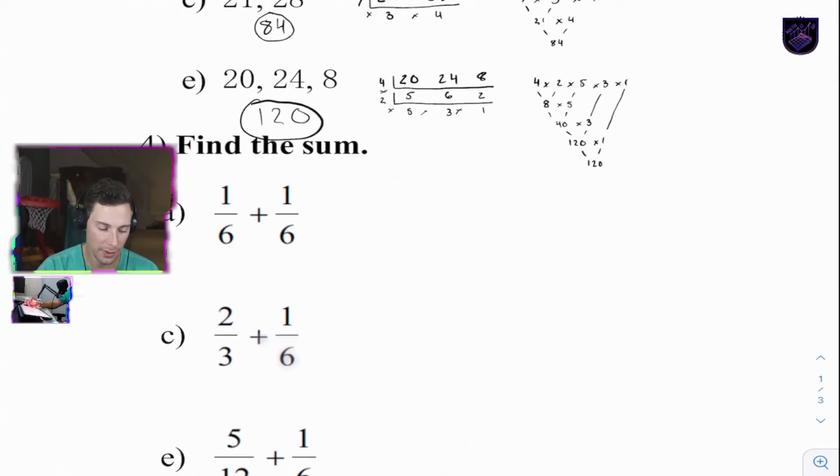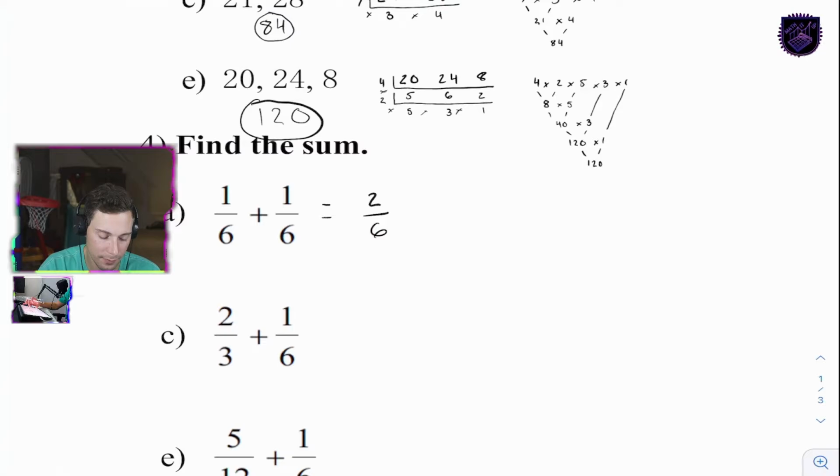So first we want to identify what we're working with here, and it's 1/6 plus 1/6. Because these have the same denominator, all we need to do is combine the numerators on top, which makes this really easy. 2/6.